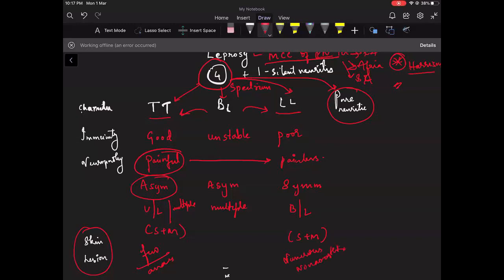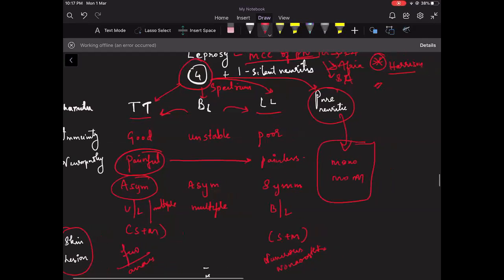The last variant in the spectrum of leprosy neuropathy is the pure neuritic type. The body's response then converts into immunity as a whole, cell mediated immunity.